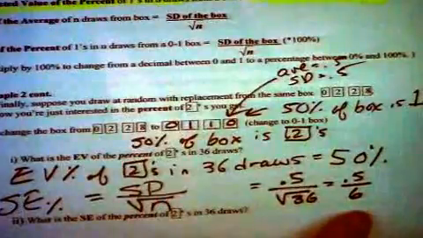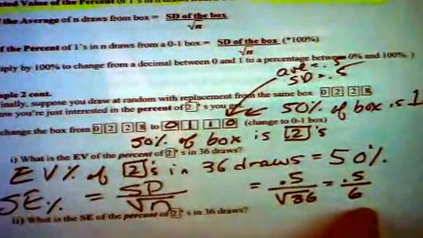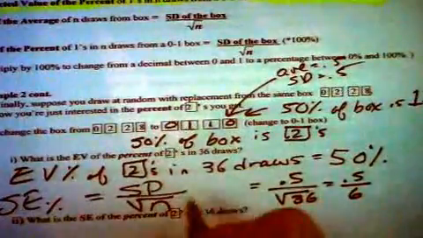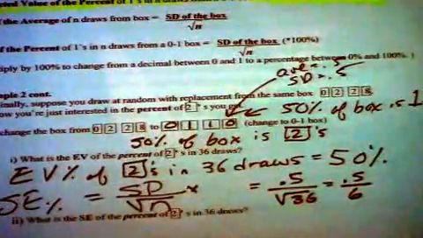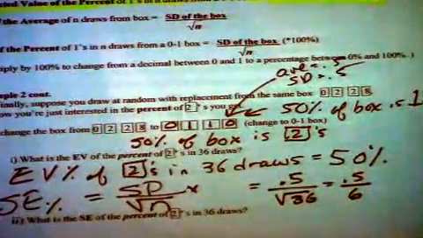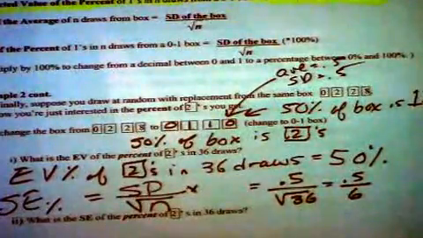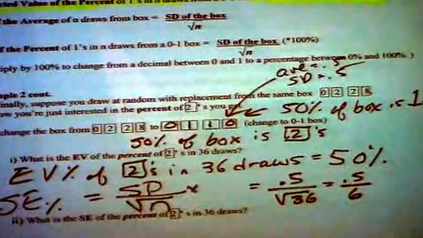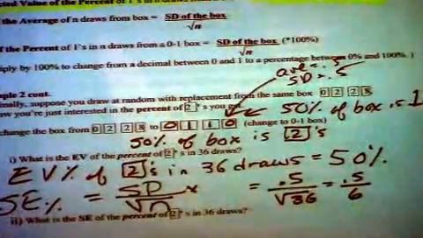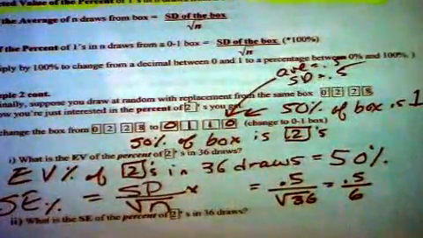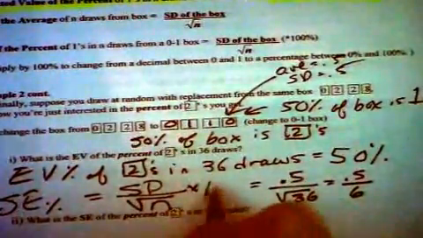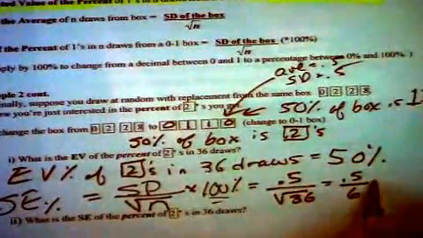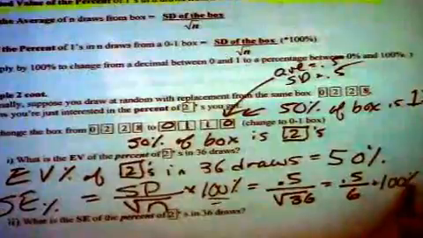But this is not going to be a percent. Do you know what this is going to be? A decimal. We're going to have to change it into a percent. If you want to change 0.5 into a percent, what is it? 50%. If you want to change 0.75 into a percent, move the decimal place: 75%. So that's the same thing we have to do here. So we multiply it by 100%.